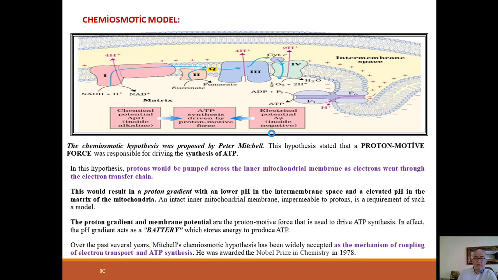No, we have to transfer electrons of NADH and FADH2 to oxygen, but it's not enough for the synthesis of ATP.